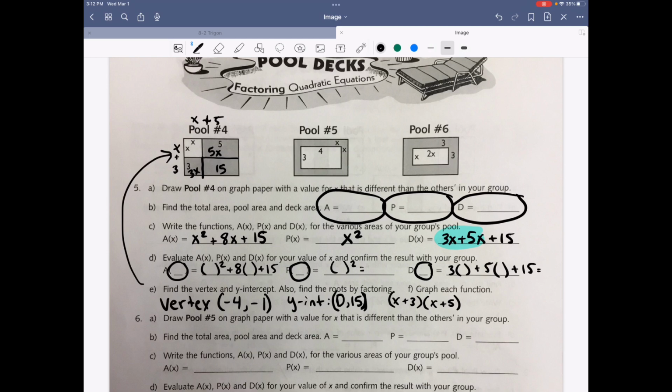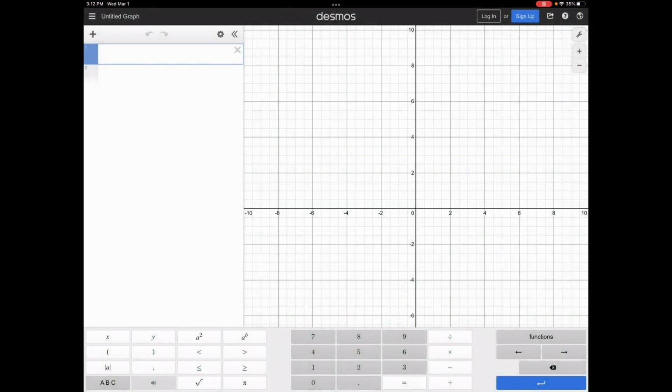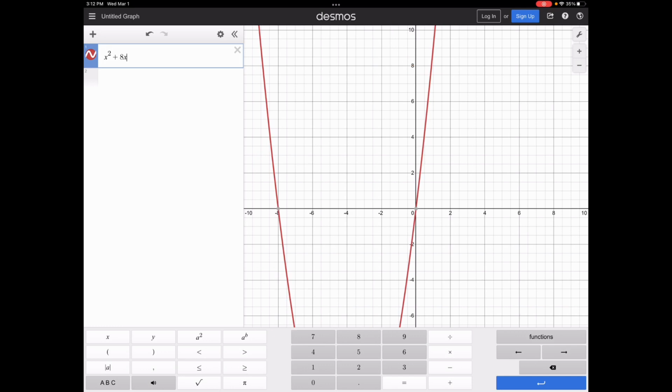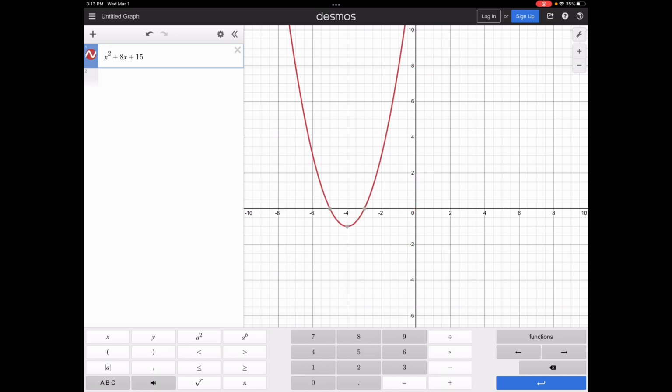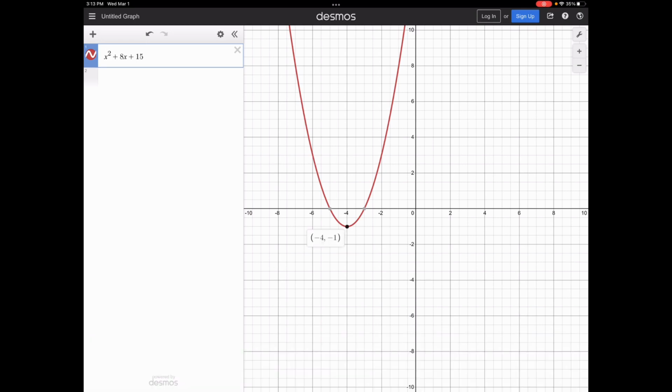So I'm going to show you how this looks, and then you can copy it onto your graph paper. So we have x squared plus 8x plus 15. All right, check it out. We have our vertex.